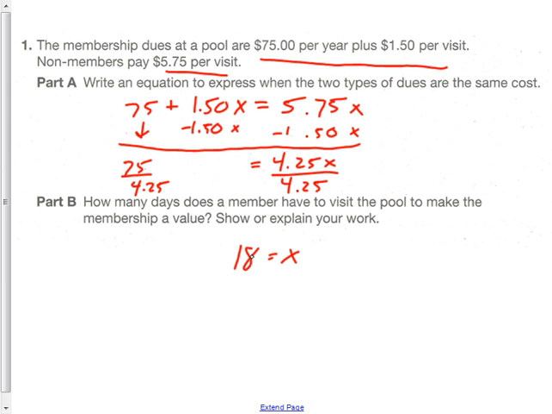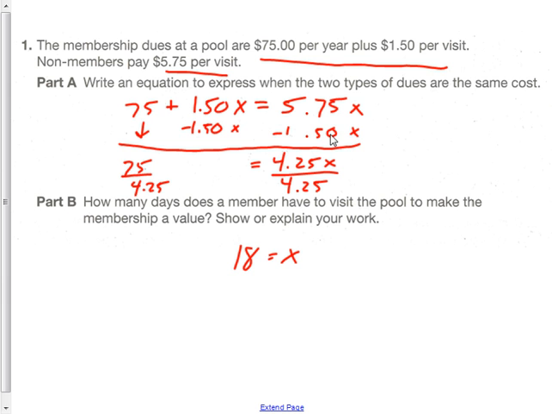Because if we only go 17 times, if we were to do that with a calculator, if we did 17 times 5.75, that's going to cost us $97.75. Well, that's cheaper than going and paying $75 plus $1.50 every time, because if I do $1.50 times 17 plus the $75, I'm paying over $100.